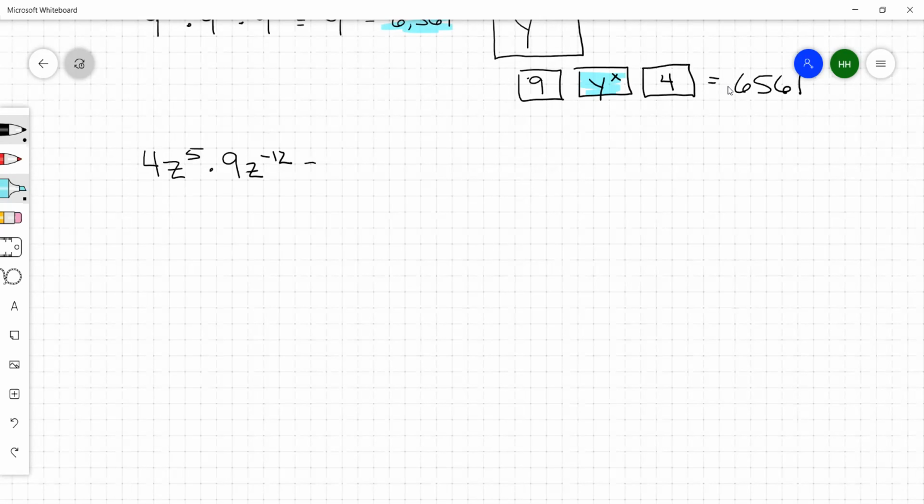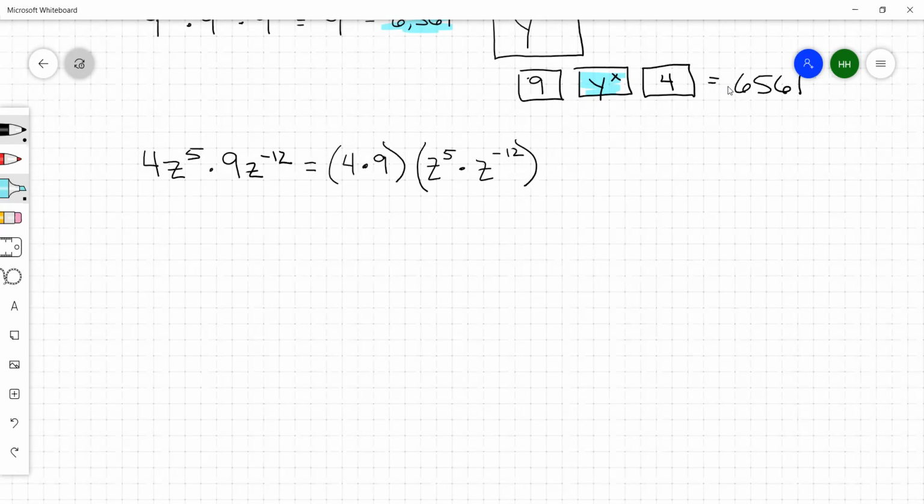So look what we do here, we treat the numbers regular. This becomes 4 times 9. And then we've got a z to the 5th times a z to the negative 12th. And now we're adding exponents with the same base.